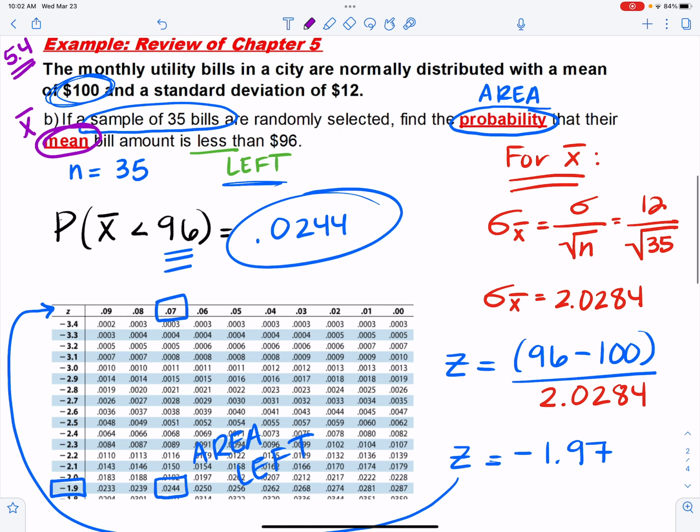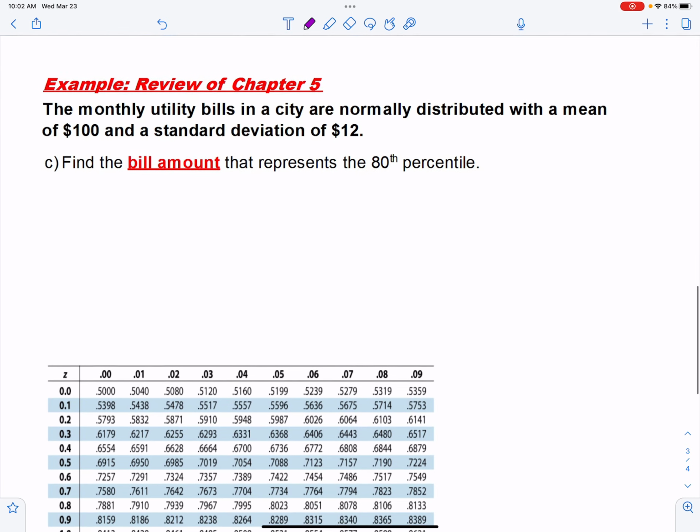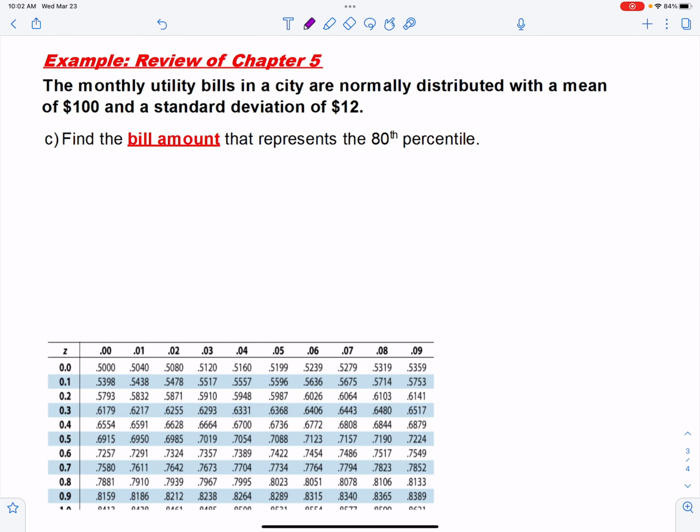Now, the one other thing that you're going to be doing on your Chapter 5 test is taking an area that's given and using it to find the corresponding data value. This is what's covered in section 5.3.